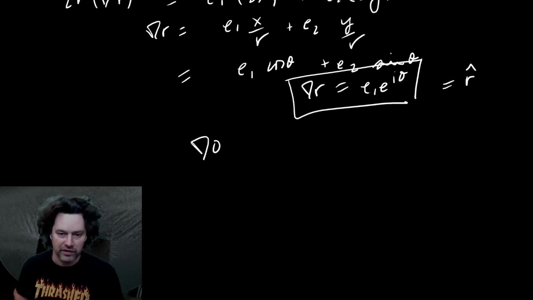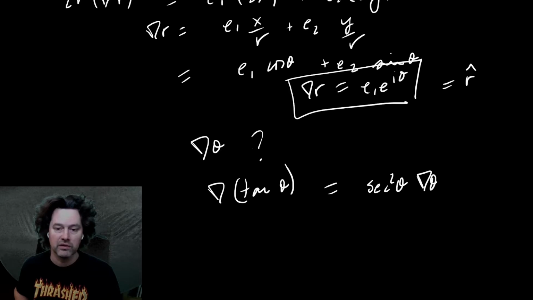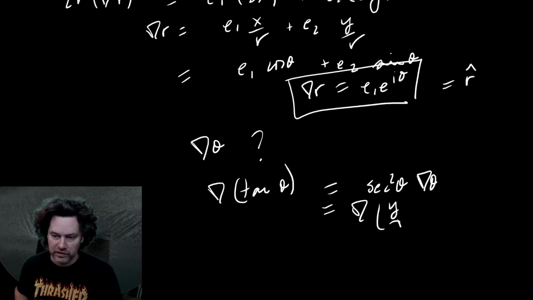That wasn't too hard, and that sure enough is our r hat unit vector. Now how about grad theta? So let's try grad of tan theta, which is sec squared theta grad theta, and in coordinates that equals grad of y over x.